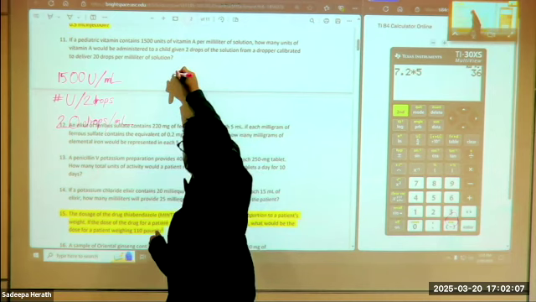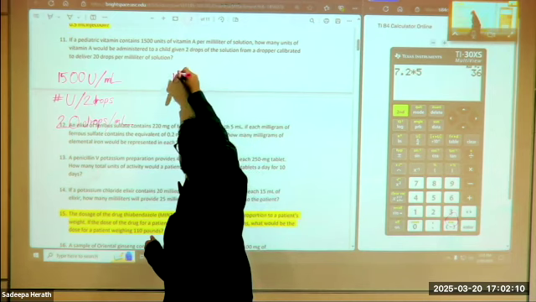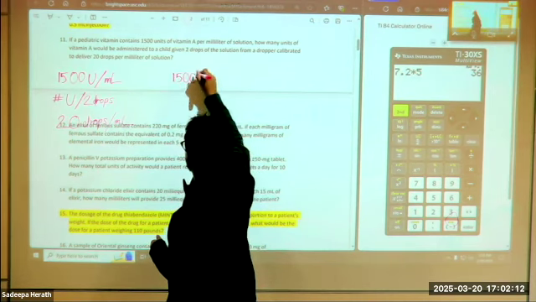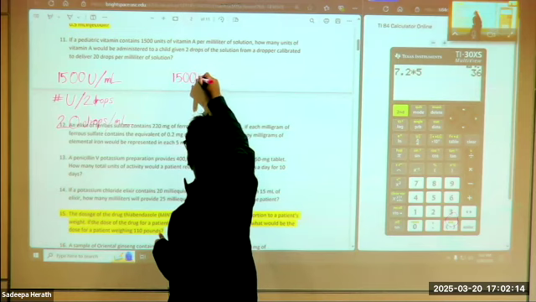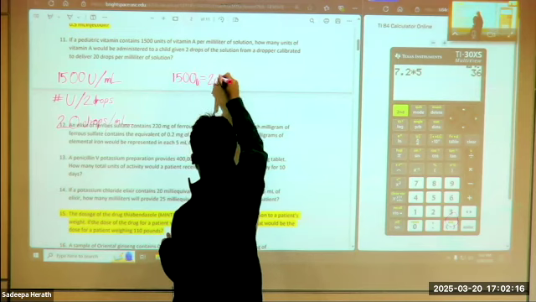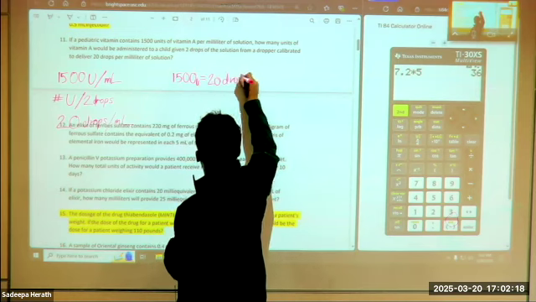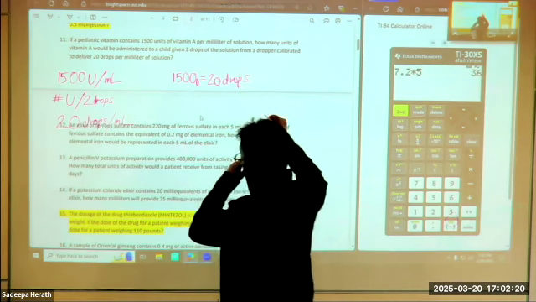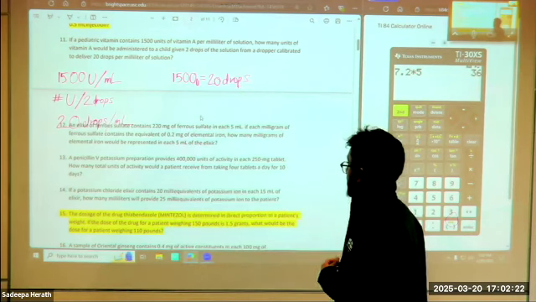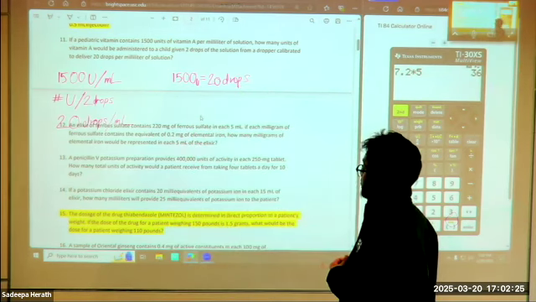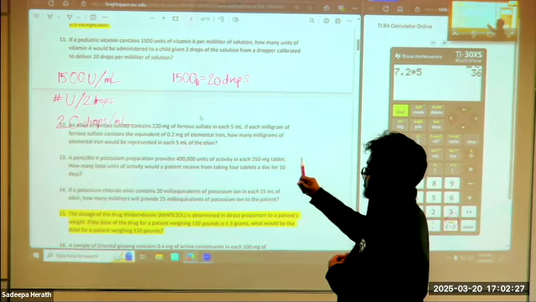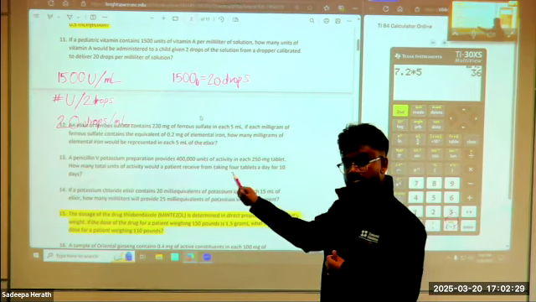Okay. And now what they're asking for is the number of units for 2 drops.